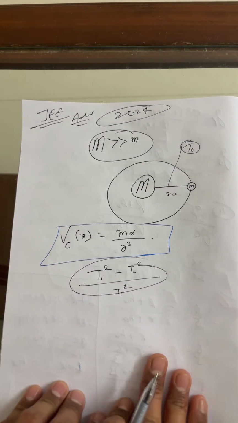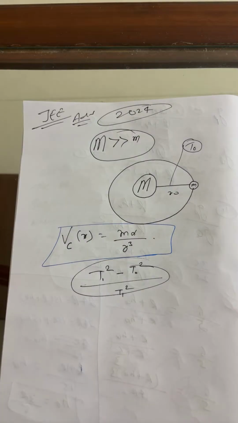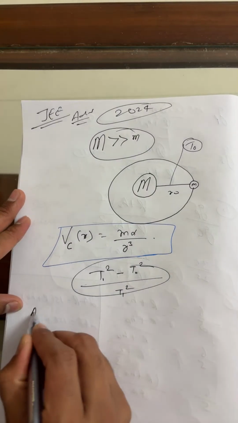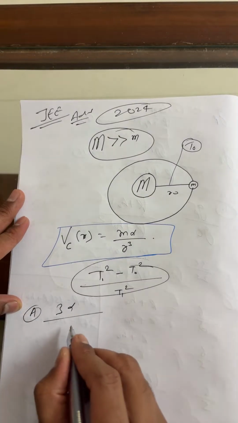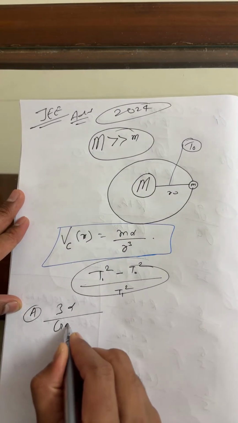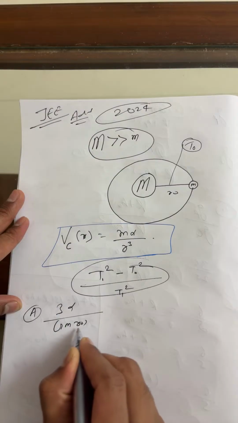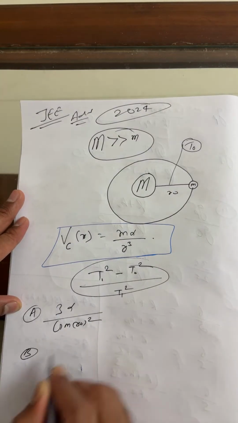Yes, I'll take it. So now, students, let me write the options for this question. This is 3 alpha upon GM r naught whole square.